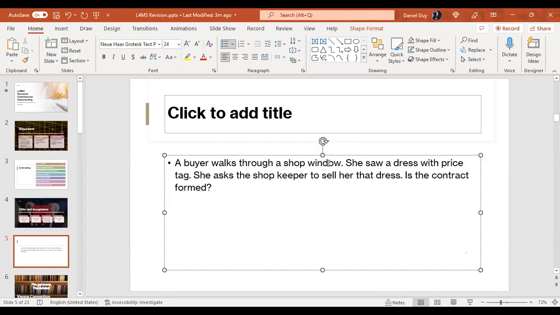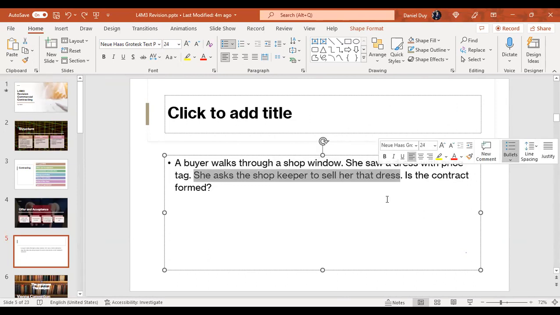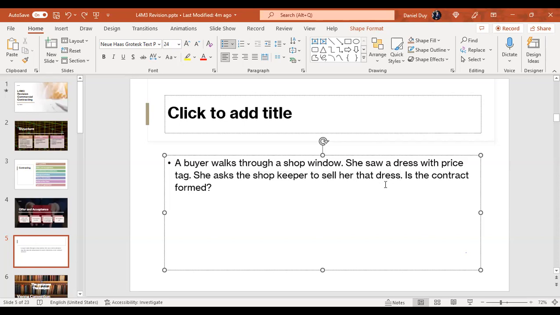Then come back to this example. You are right. Display of goods on a shop window is not an offer; it's an invitation to treat. And only when the buyer comes to the shop and asks the shopkeeper to sell to her, her action here is an offer, but the shopkeeper has not yet answered according to these words.